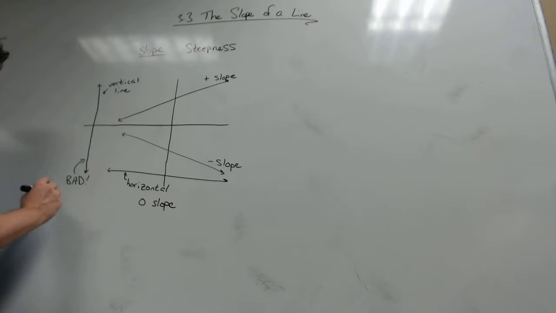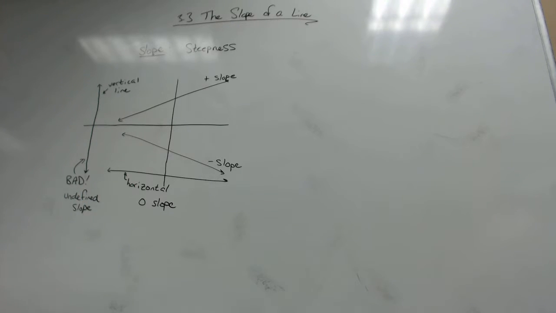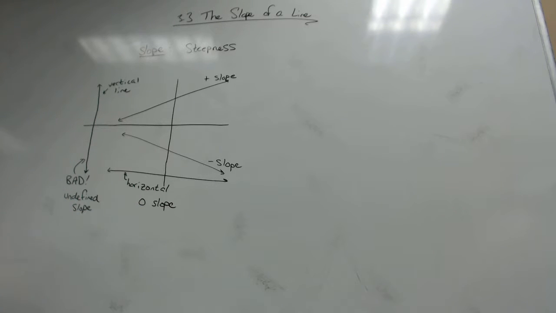And when we talk about the slope of this line, it has an undefined slope. And if you remember, we've seen undefined before, and that's when we divide by 0. That's different than a 0 slope, but we're dividing by 0. And we'll see how that happens when we calculate the slope. But vertical lines have an undefined slope, and horizontal lines have a 0 slope.